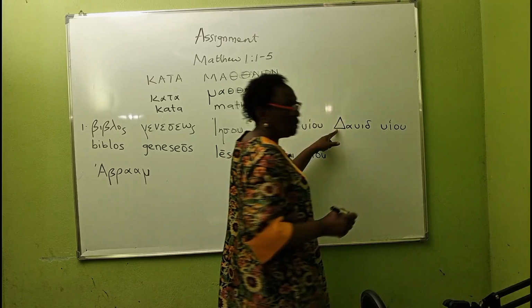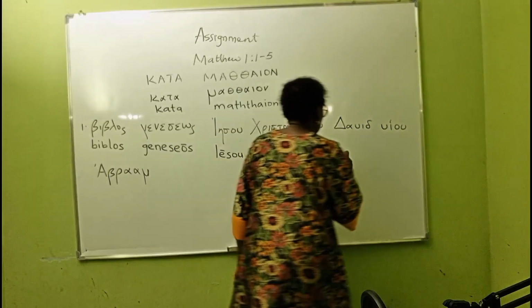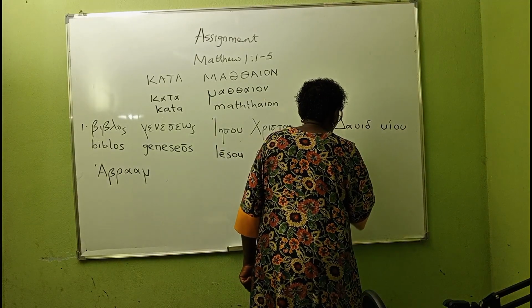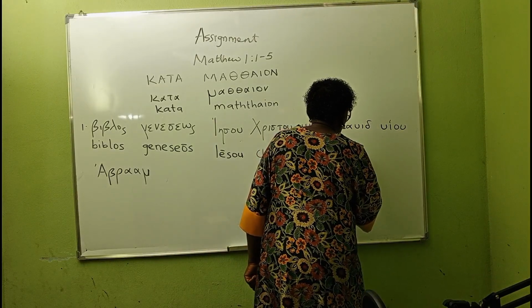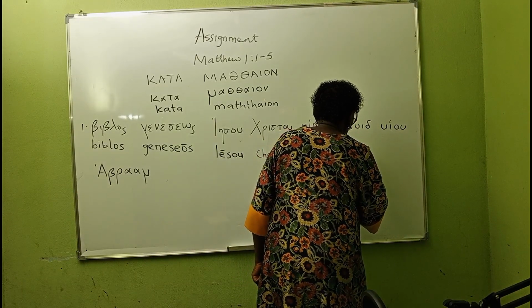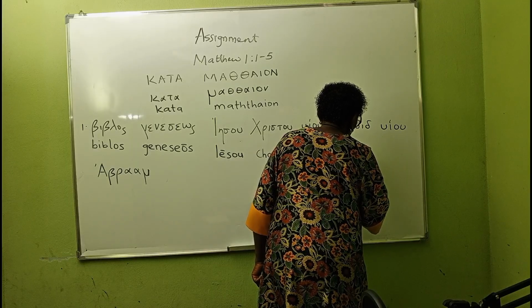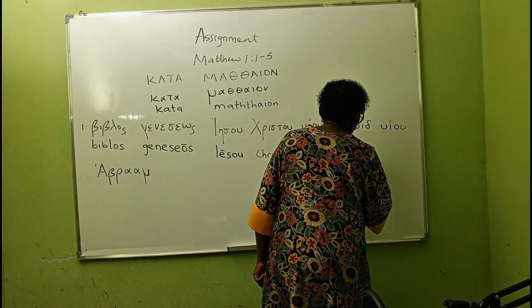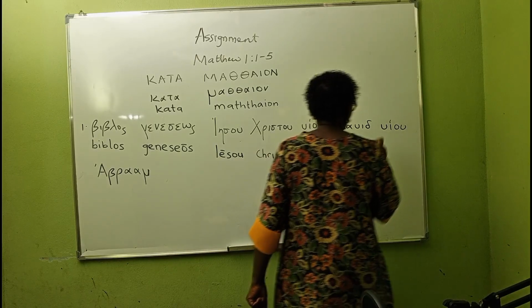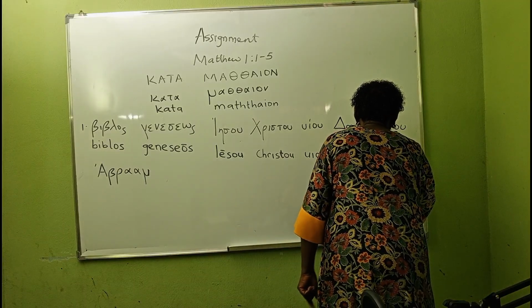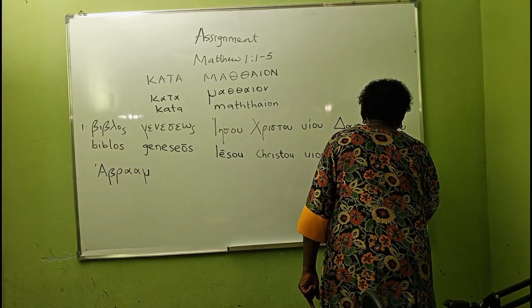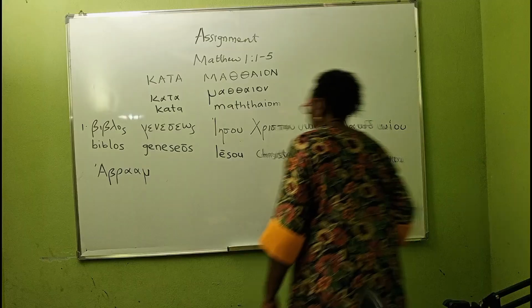And then this is delta, capital letter delta. This is alpha. This is upsilon. This is iota. And this is delta. And this is again upsilon, iota, omicron, upsilon.